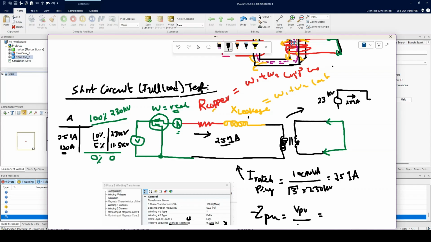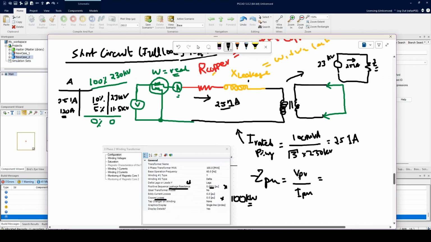All I'm trying to do is find this Z per unit. Voltage per unit divided by I per unit gives me a Z per unit.